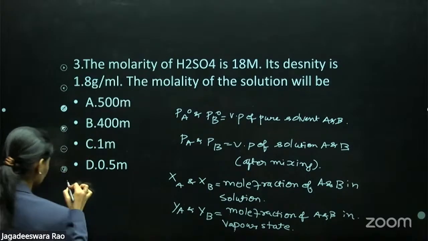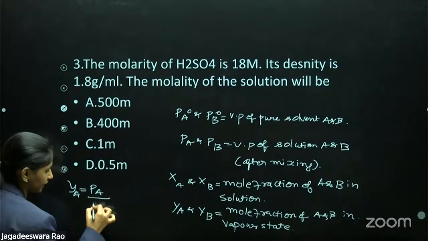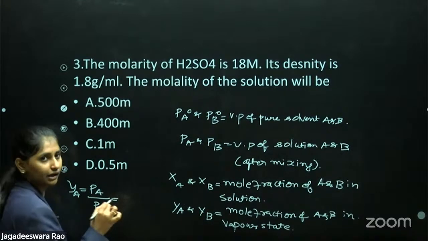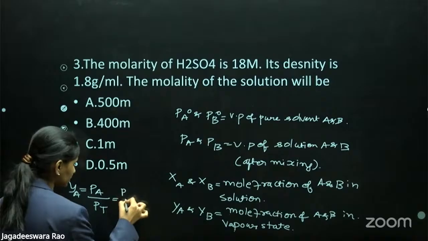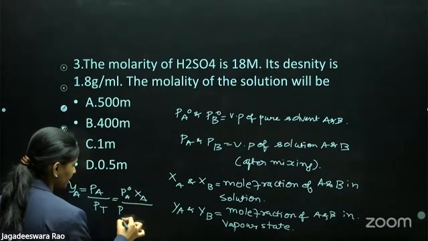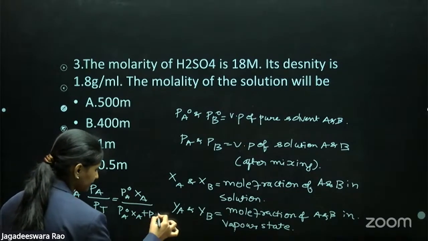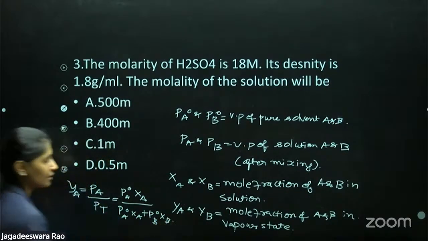So write down the mole fraction of YA is equals to PA by PT. Then how to calculate PA? I already mentioned PA is equals to PA naught into XA and PT is PA naught into XA plus PB naught into XB. Right, students? Make a note of it.